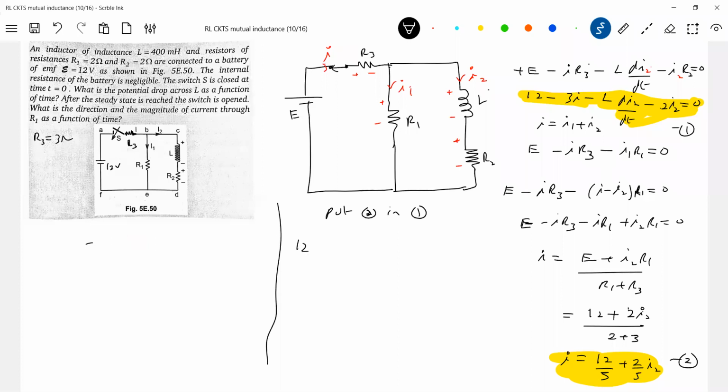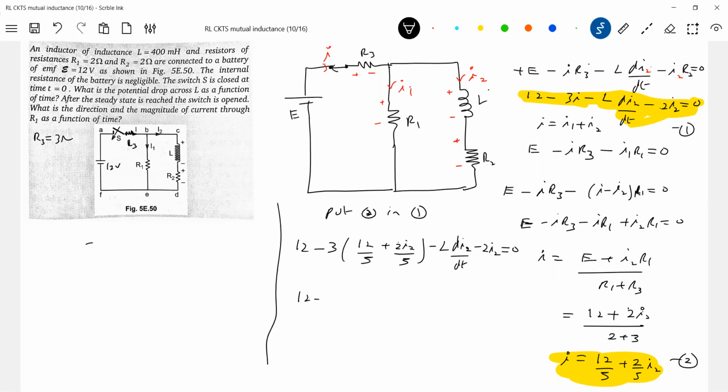So this will be 12 minus 3 times 12 by 5, plus 2 I2 by 5, minus L di2 by dt, minus 2 I2 equal to 0.